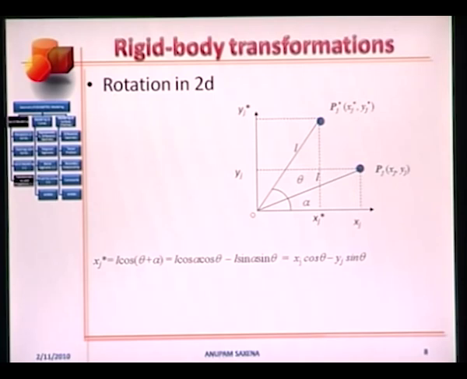Clearly, xj star is L times cosine of theta plus alpha. Expanding this gives L times cosine alpha times cosine theta minus L times sine alpha times sine theta. Notice that L times cosine alpha is xj, and L times sine alpha is yj.